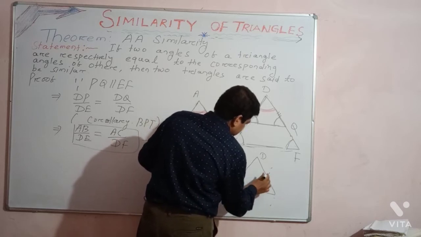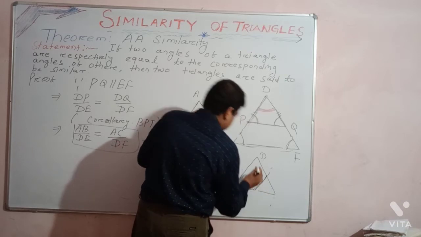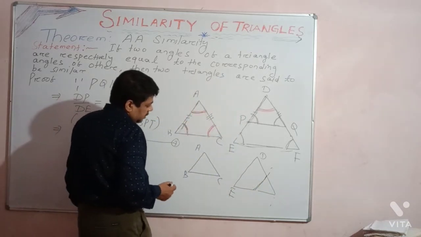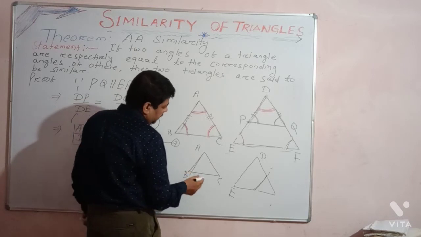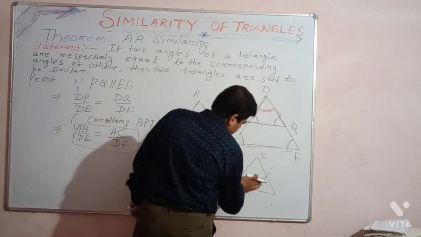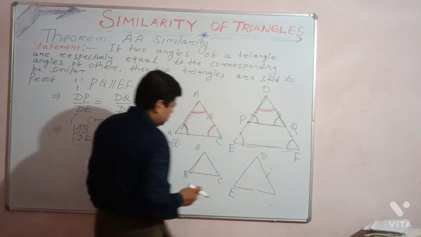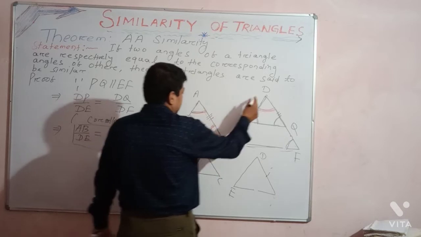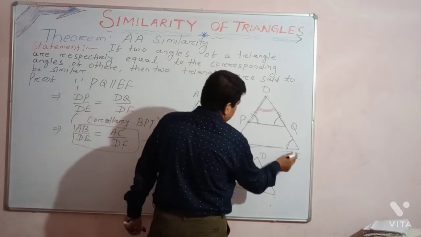Similarly, you do the construction in such a manner, and joining PQ, we got AB by DE is equal to AC by DF.